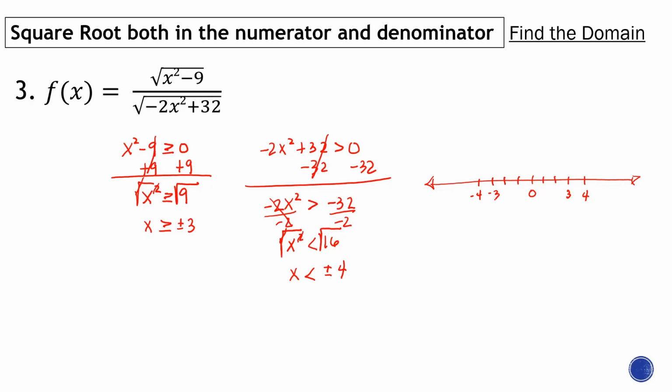Basically, the meaning of that is we will start here from positive 3 to positive infinity, and then from negative 3 to negative infinity. So that's the graphical representation of x is greater than or equal to positive 3.